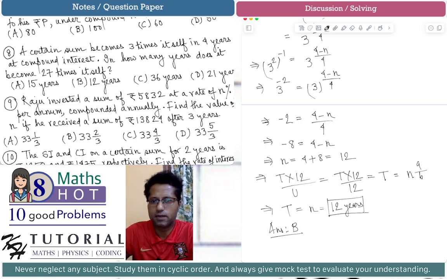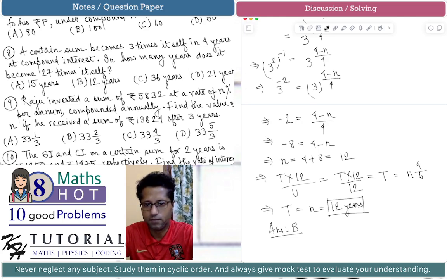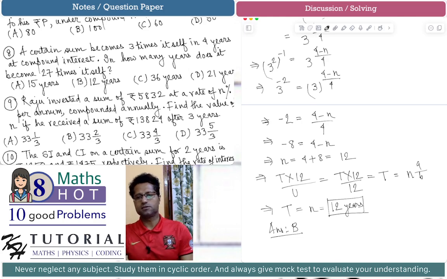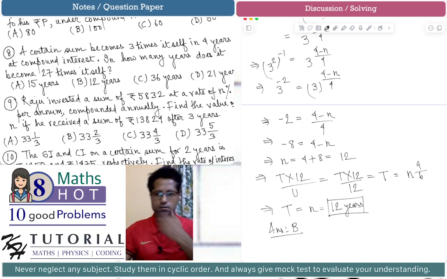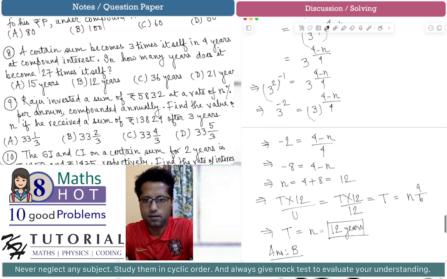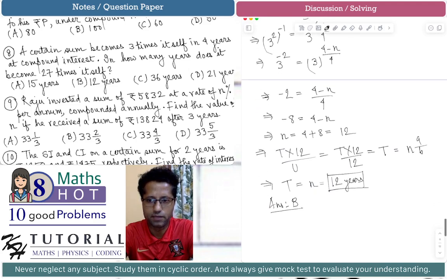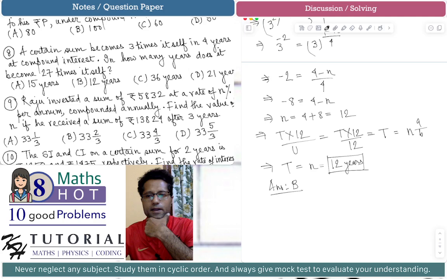Because we know that t multiplied by 12 divided by u will be equal to t, which we will express as n and a by b, and since we have already figured out that the fraction part a by b is equal to 0, we will have t equal to n. And n is already found to be 12. So t will be equal to 12 years.